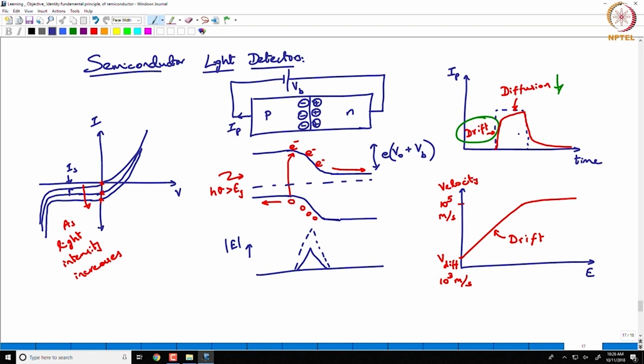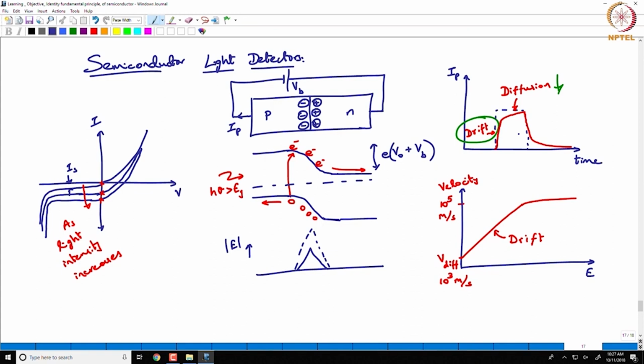But only the carriers generated in the depletion region are under the influence of the high-velocity drift process, and those come out of the photodiode first, contributing to the initial photocurrent.